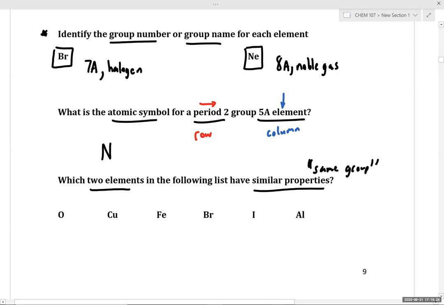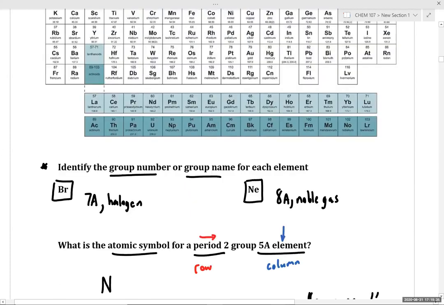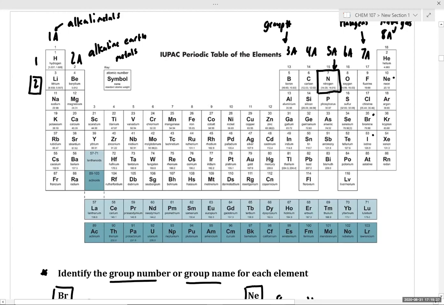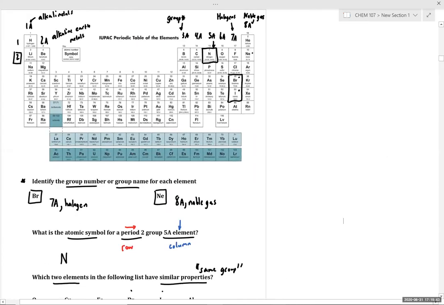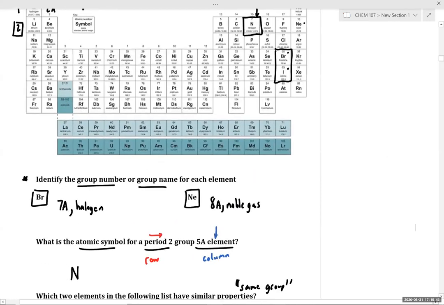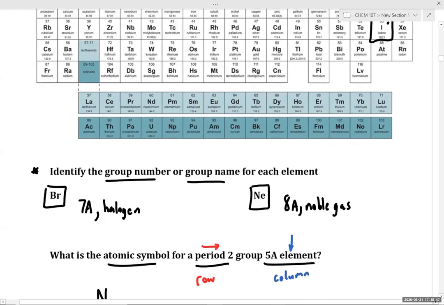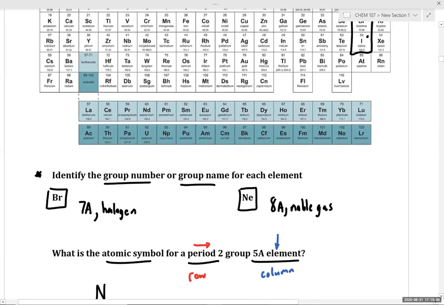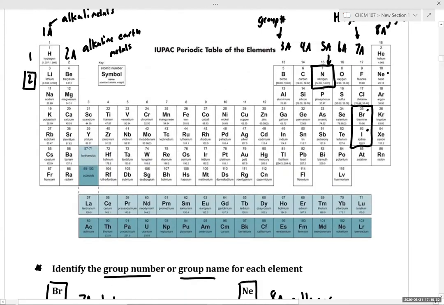So from this list, the one thing that stands out to me is bromine and iodine. If we look in our periodic table and we find bromine and iodine, are bromine and iodine in the same group in the periodic table?